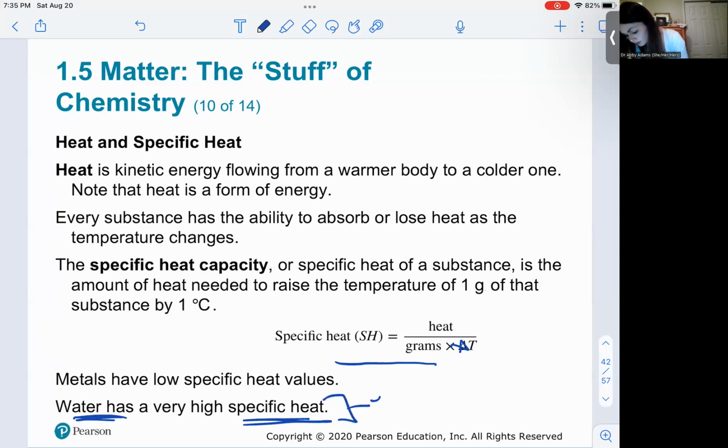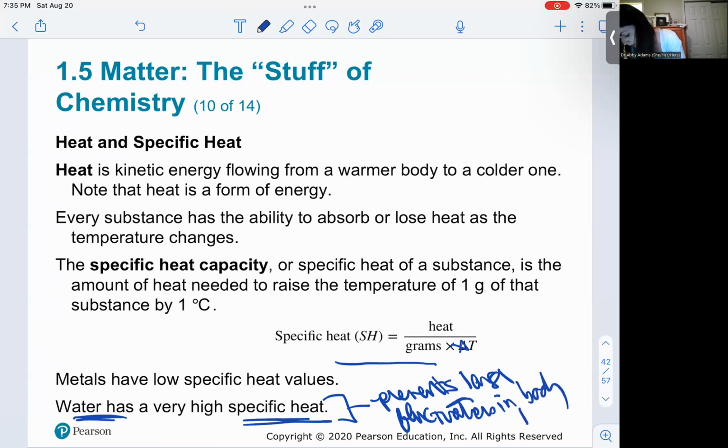So that's good. It prevents large fluctuations in your body temperature because you're made of water, right? You know that. Okay. And so it takes a lot of energy to change the temperature of your body relative to metals.